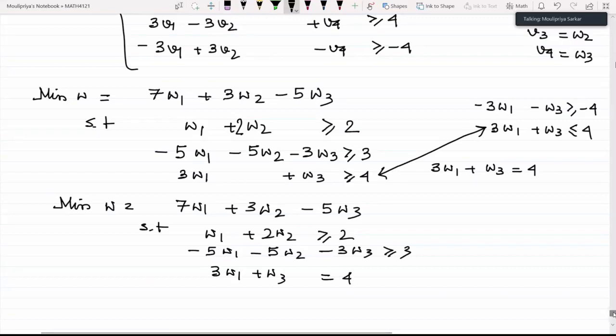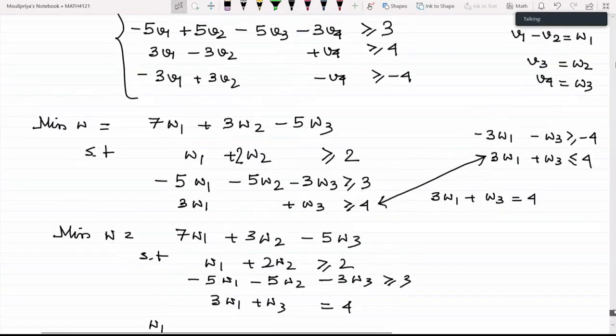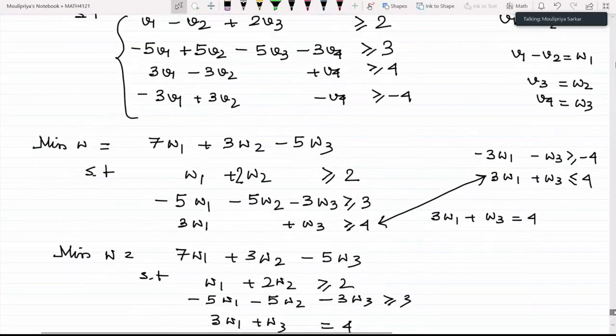Now what about w1? Can anything be said regarding the sign of w1? w1 is the difference of v1 and v2. v1 and v2 are both non-negative, but does that also mean that w1 is non-negative?